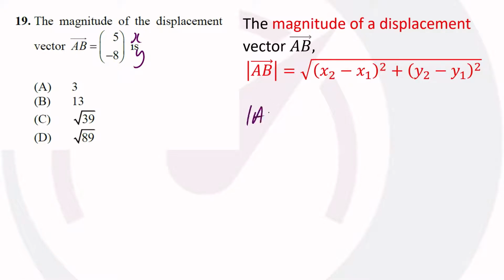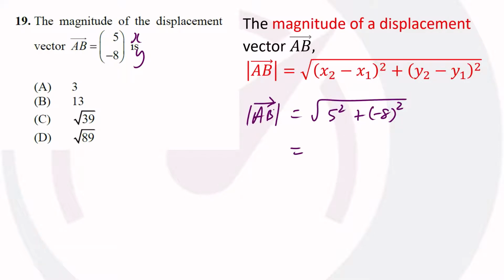So the magnitude of the displacement vector AB is the square root of 5 squared plus negative 8 squared. And these are revision videos, so I might be going a bit fast, yes I know, but it's the same concept I'm doing over and over again, so you'll see.